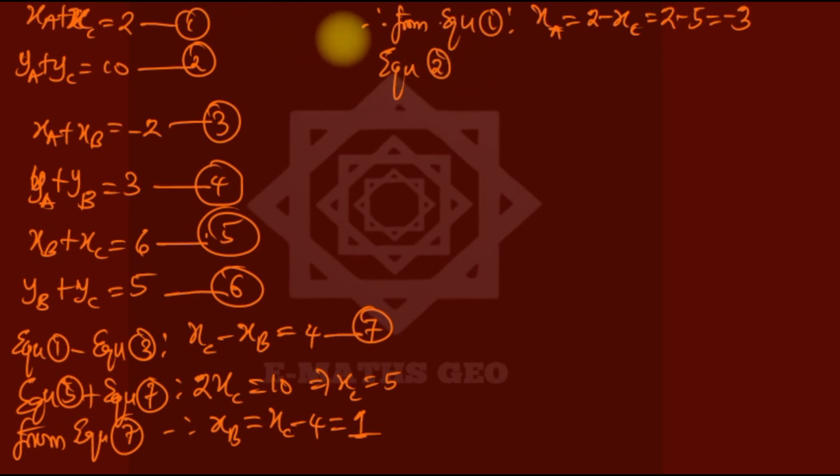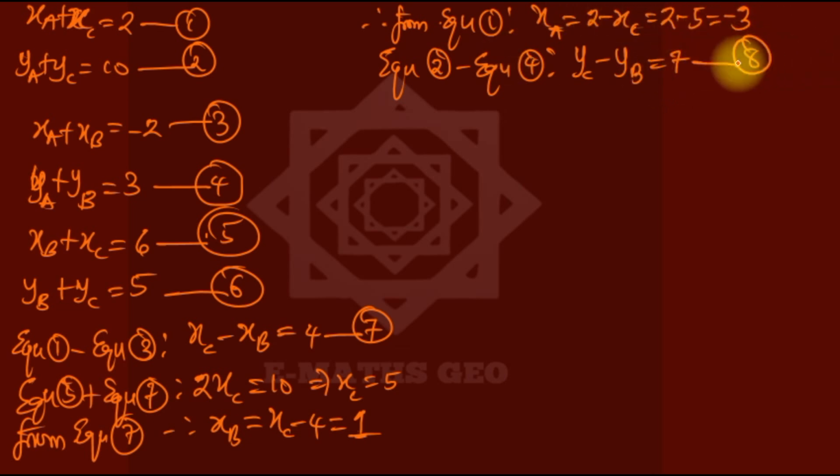So if I do equation 2 minus equation 4, we now see that YA minus YA is gone. We have YC minus YB, which is 10 minus 3, 7. So let's call it equation 8.